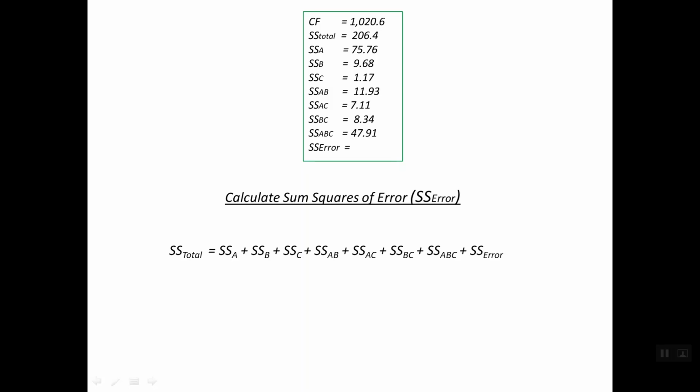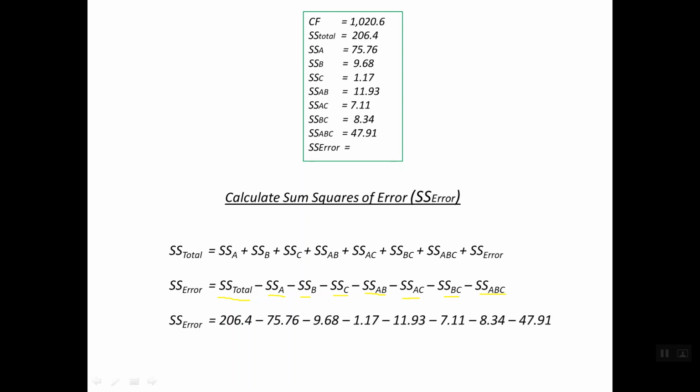So the SS for the error in this formula is the only unknown one. So we can move the known values to the other side. So we change the sign from positive to negative. So the value of the SS for the error is simply SS total minus SSA minus SSB minus SSC minus SSAB, SSAC, SSBC minus SS for ABC.